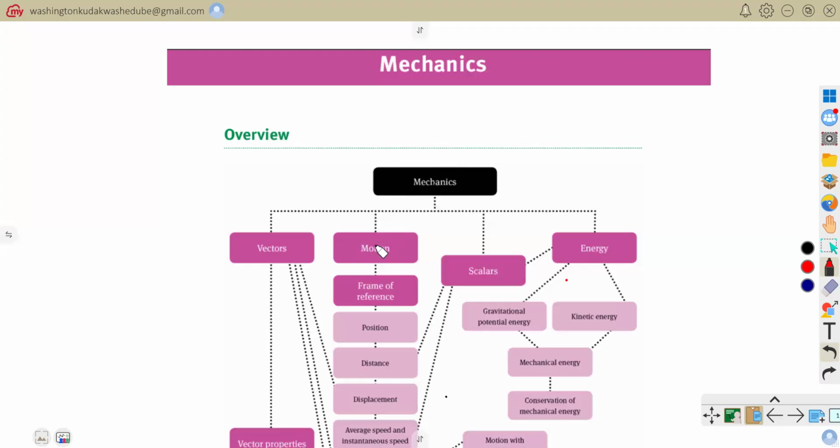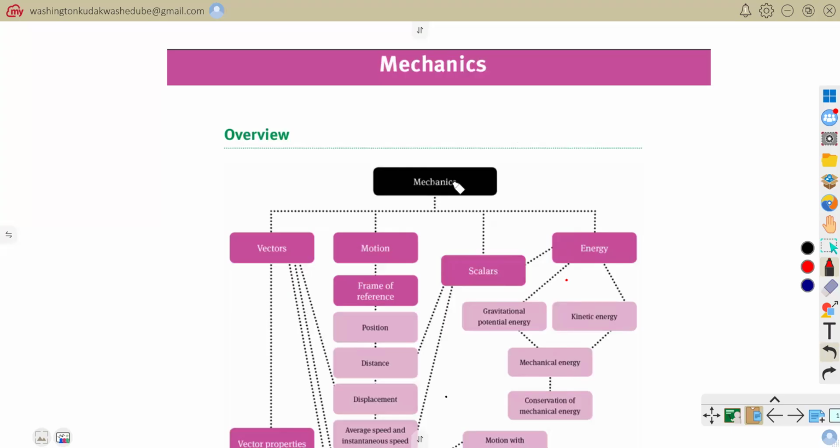After motion in one dimension, that's when we are going to do a topic referred to as mechanical energy. This is a topic that you are supposed to be doing in your term 4. So it's easier to understand mechanical energy once you have the basics of where it starts.